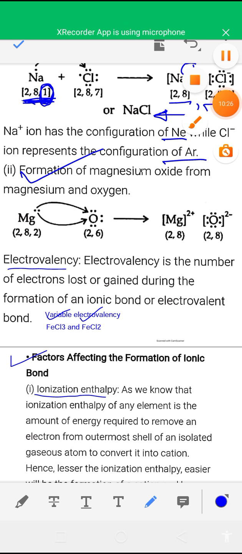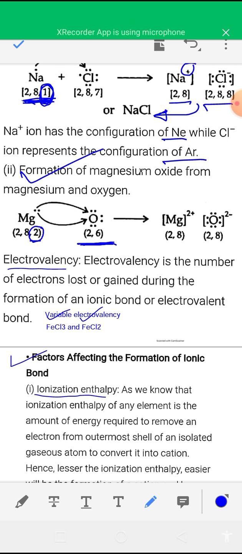In magnesium oxide, you have to know the electronic configuration of magnesium. Magnesium has atomic number 12, so its electronic configuration is 2,8,2. So magnesium has 2 extra electrons in its valence shell, and oxygen has 2 fewer. Oxygen's atomic number is 8, so 2 electrons in the first shell, 6 in the second.